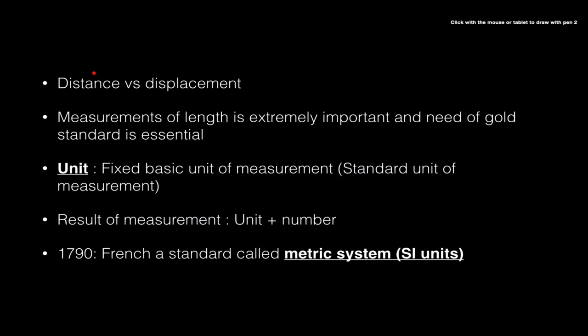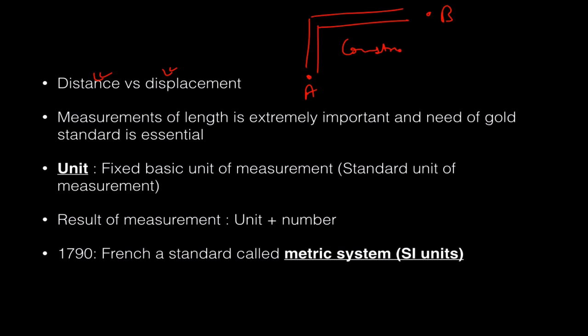Now there is a small concept called distance versus displacement. Let's say this is my house A and this is my friend's house B. So the road goes like this, and let's say a huge construction work is going on through which no passing is allowed. So the distance will be easy to measure. This point to this point and then this point to this point is called the distance.